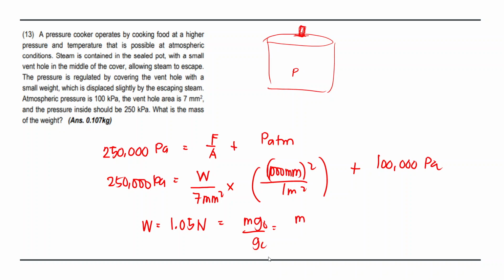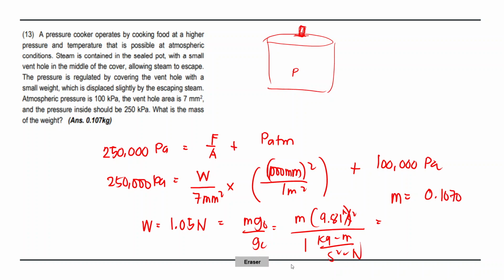M, what we're looking for, times 9.81, which is the gravity of the Earth, in meters per second squared, and the conversion 1 kilogram meter per second squared per Newton. So, the mass that comes out is equivalent to 0.1070 kilogram. Okay, so this is the final answer. So that is for number 13.